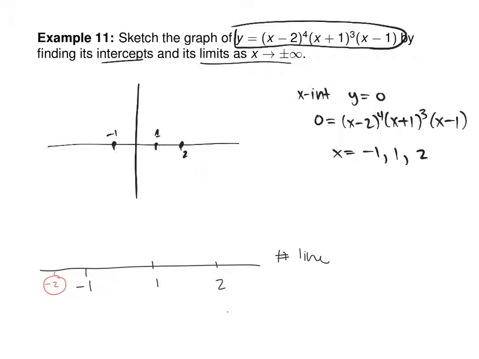Then check factor by factor. If you plug -2 into this factor, is the result positive or negative? Positive, because you take -4 raised to the 4th power. In the x plus 1 factor, is the result positive or negative? Negative. And in the final factor?